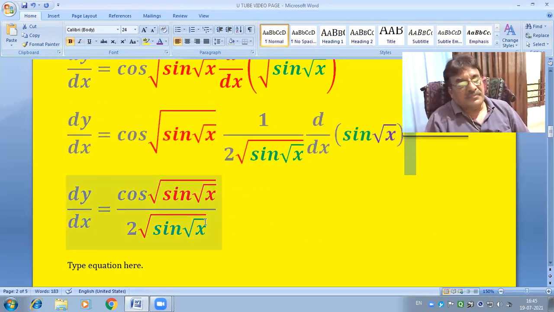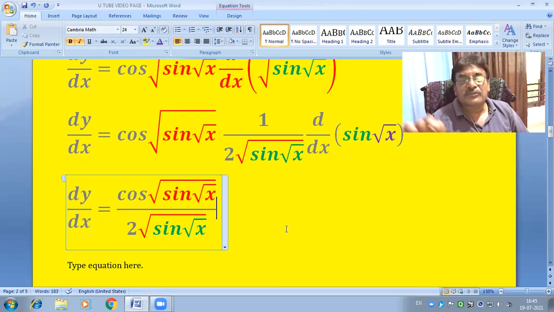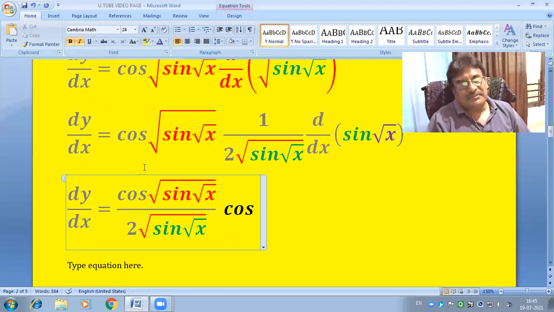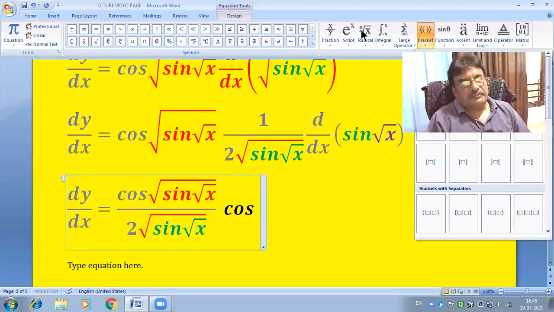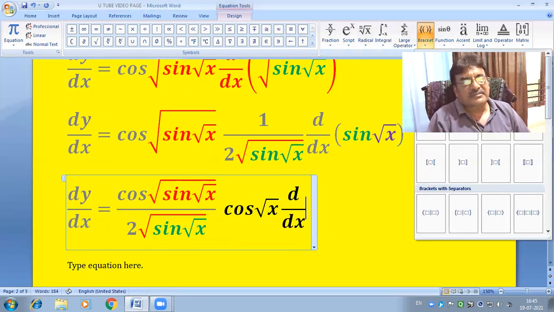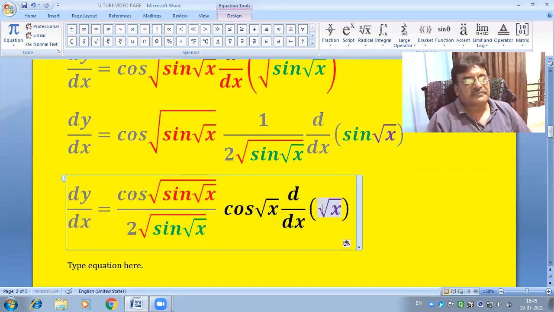So we write d/dx of sin √x is cos √x into d/dx of √x, this violet color function √x.